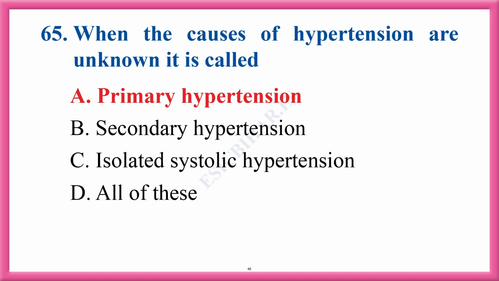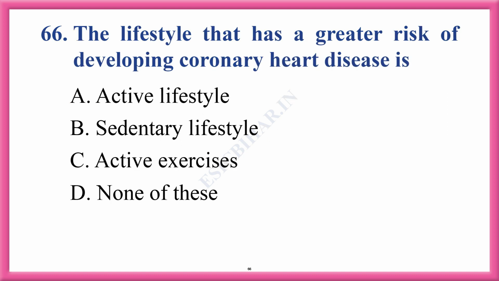Primary hypertension. Question 66. The lifestyle that has a greater risk of developing coronary heart disease is A. Active lifestyle. B. Sedentary lifestyle. C. Active exercises. D. None of these.